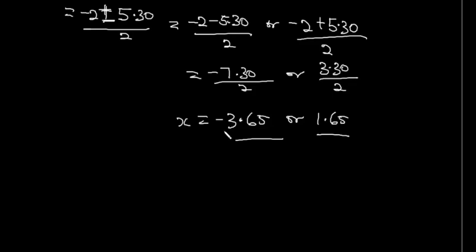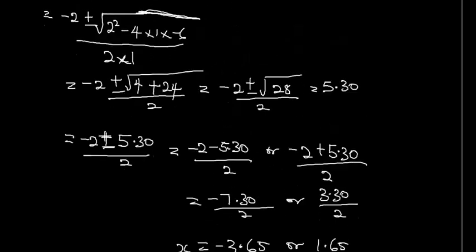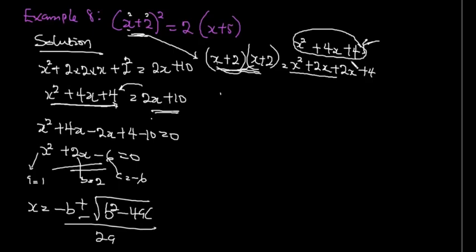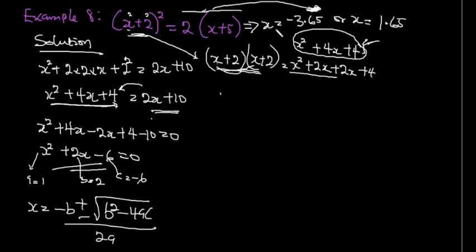Our x will equal negative 3.65 or 1.65. So this is the answer to the question. This question will produce x equals negative 3.65 or x equals 1.65. So if we are looking for the solution to the question, it will give us this.